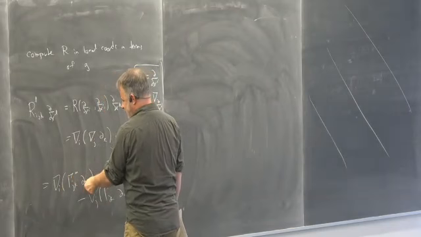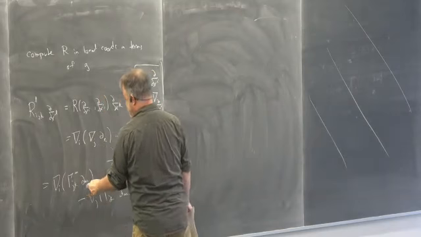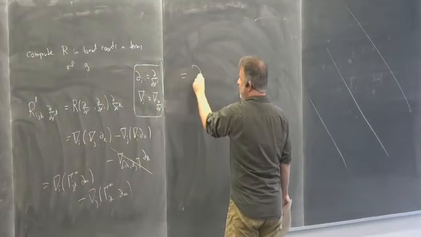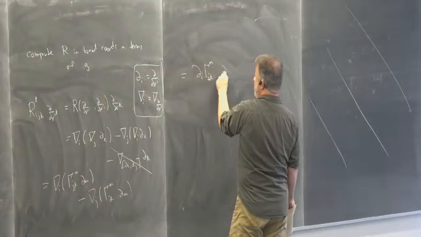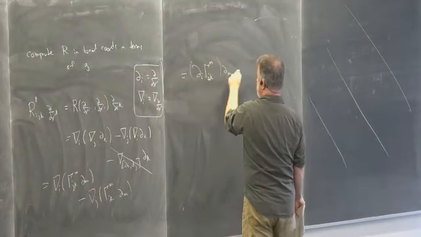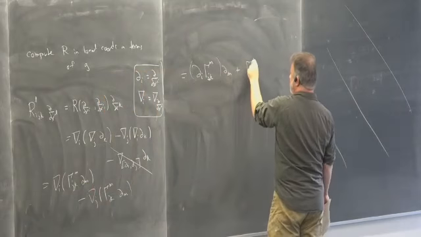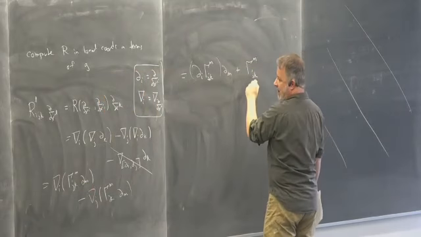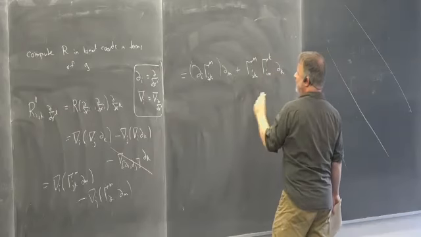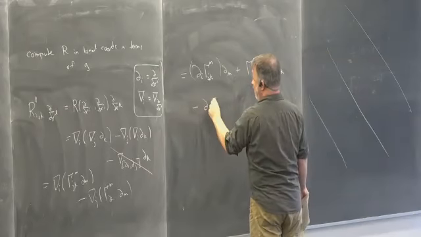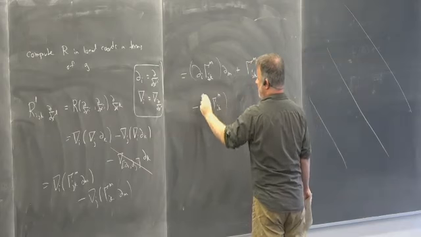And then this guy pulls out and I covariantly differentiate this. So that's going to be a partial i on gamma m j k times partial m, plus this guy now comes out and I have a gamma i m k partial k, and the same thing with i and j interchanged.